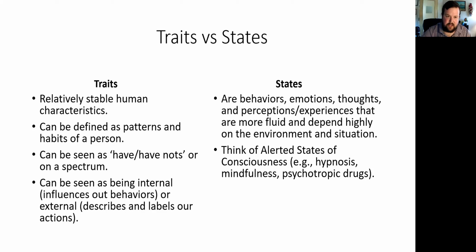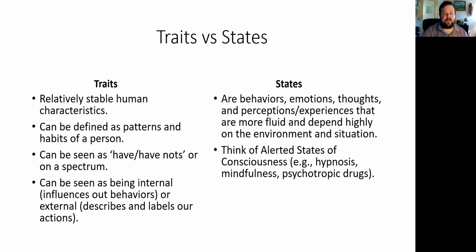In addition to the traits, we can focus on traits that are internally focused, so influences our behavior, or externally focused, describes and labels our actions. So, for example, an internal trait would be motivation or self esteem. Those influence from the inside out. So, if someone has high self esteem, that could influence how they act in certain circumstances.